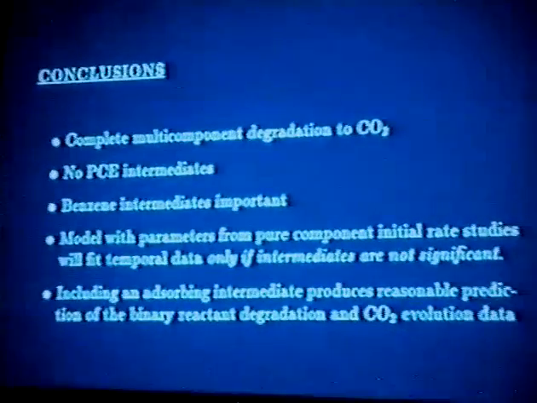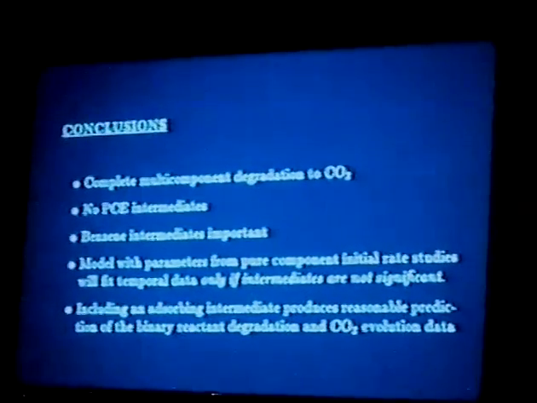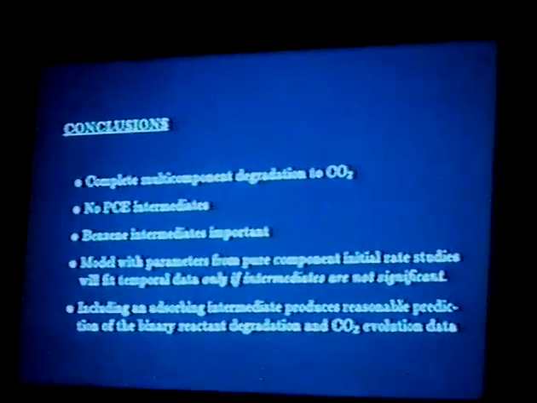In conclusion then, we can make several conclusions from the experiment. First of all, we witnessed total degradation in both the pure component and the binary degradation system, based on a carbon balance with our CO2 probe. There were no significant PCE intermediates implied or seen in any case. Benzene, on the other hand, was seen to produce important intermediates, and they effectively competed with benzene and PCE for the reactive species.